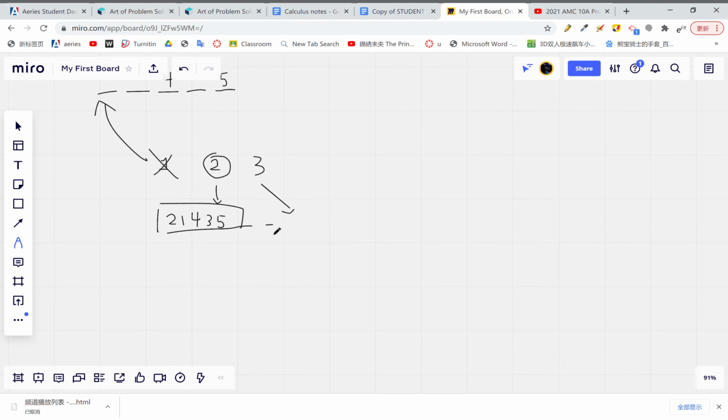Let's do 3. Then we can have a 2 and 1 here, or a 1 and 2 here, so it's 2 factorial, so the total will be 3. There will be 3 ways if 4 is in the middle and 5 is the last digit. And how about if 5 is the last one, but 4 is in the first one? This can also work, but there's only 2 ways, which means 3 must be in the middle.